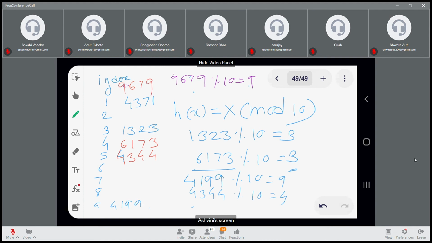Now after this, next is 1989. So 1989 mod 10 is equal to again 9. So where should I place this? Tell me the index. Second. Correct. So 1989 goes there.